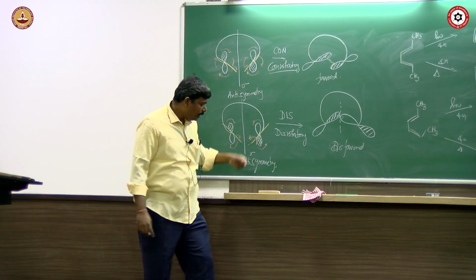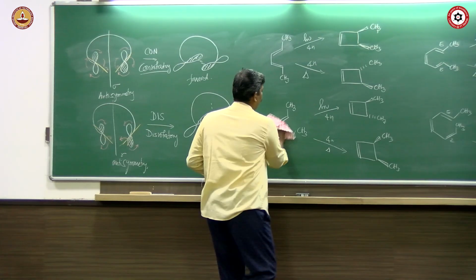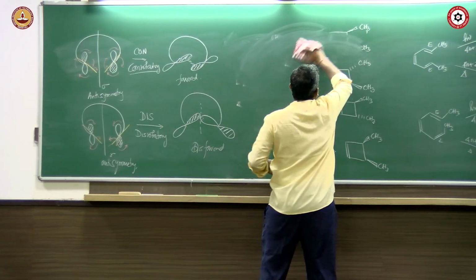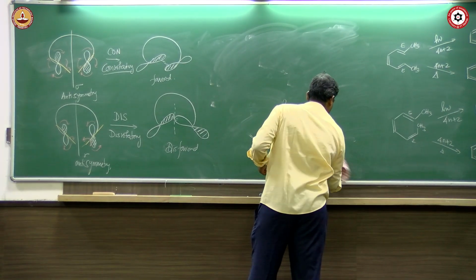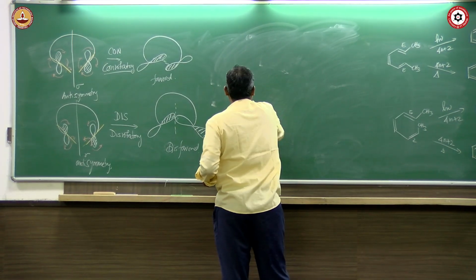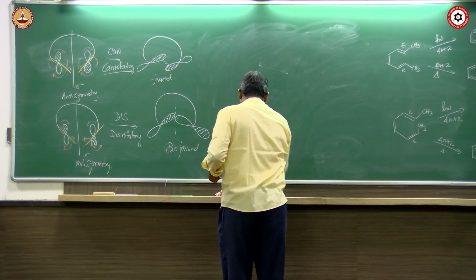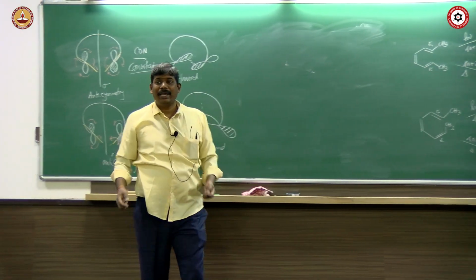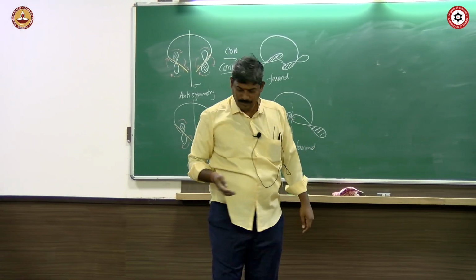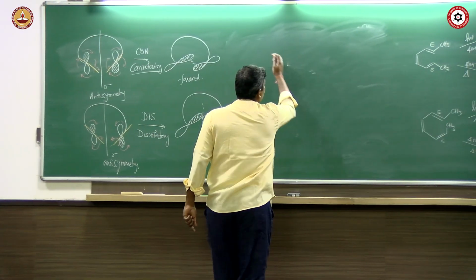Okay. Now, let us take another example, where you have a molecular orbital that is sigma symmetric in nature.